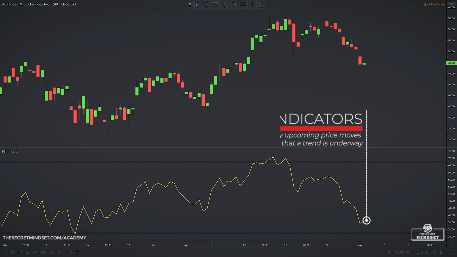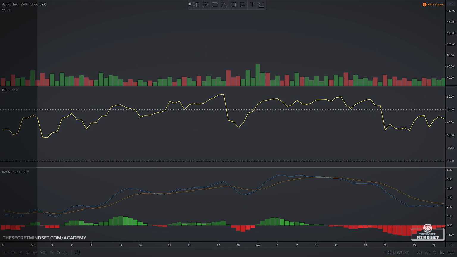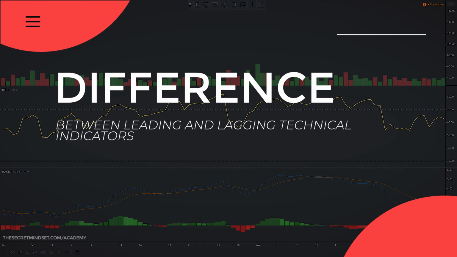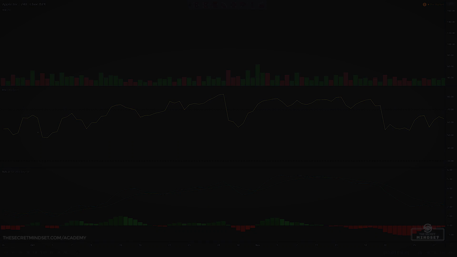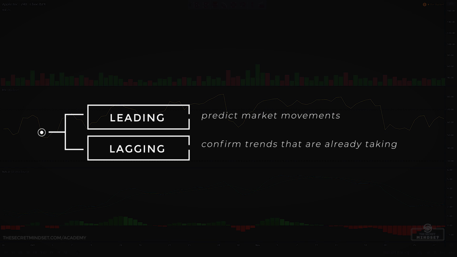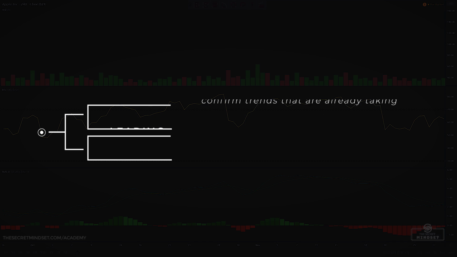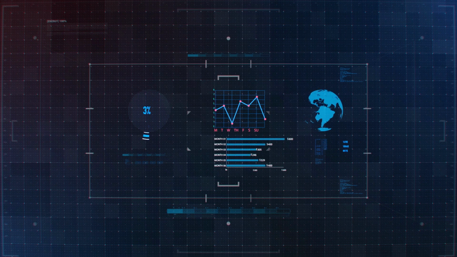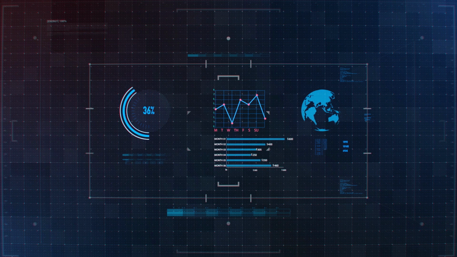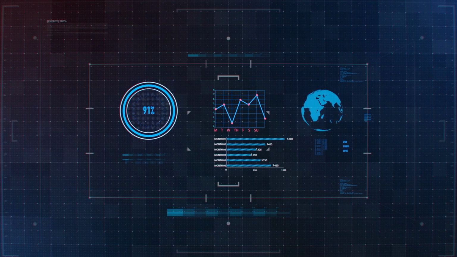for entering the market. So what's the difference between leading and lagging indicators? The most obvious difference is that leading indicators predict market movements, while lagging indicators confirm trends that are already taking place. Both have their own advantages and drawbacks, so it's crucial to familiarize yourself with how each works and decide which fits your strategy.